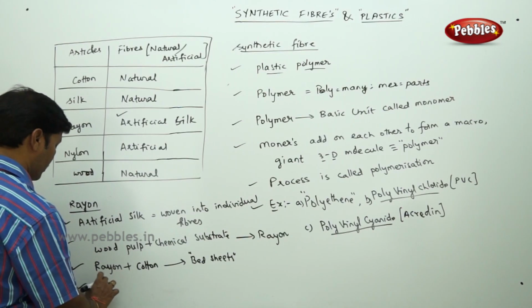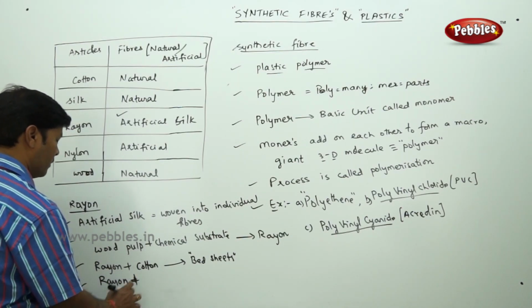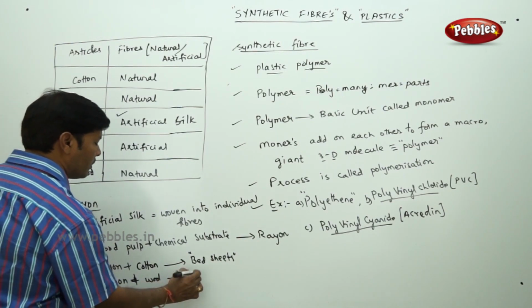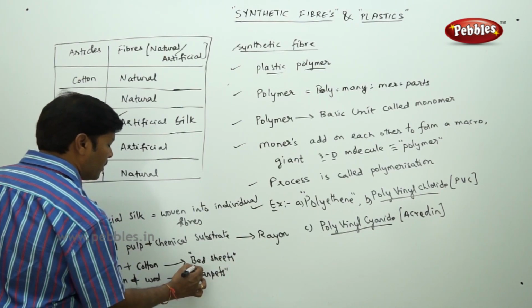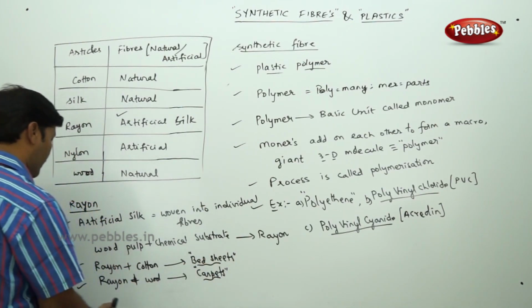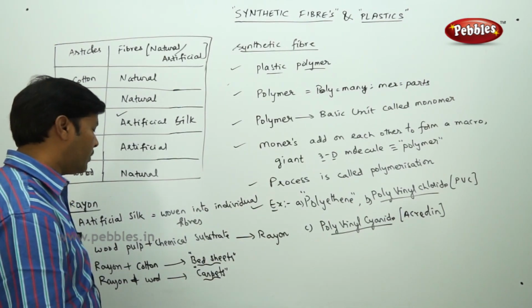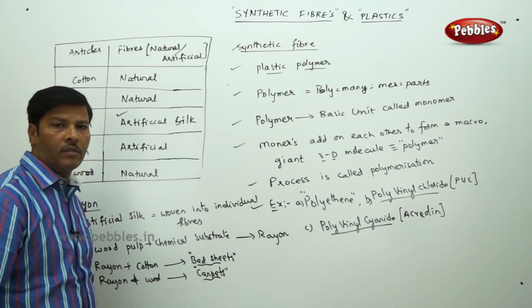And rayon, when treated with wool, can give carpets. So that means synthetic fibers in the form of artificial silk can be obtained in different formats: bed sheets, carpets, parachutes, and many other cases.